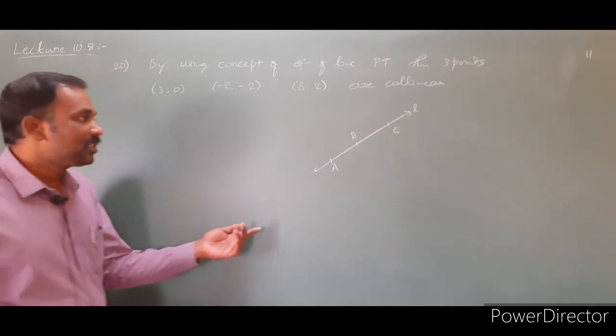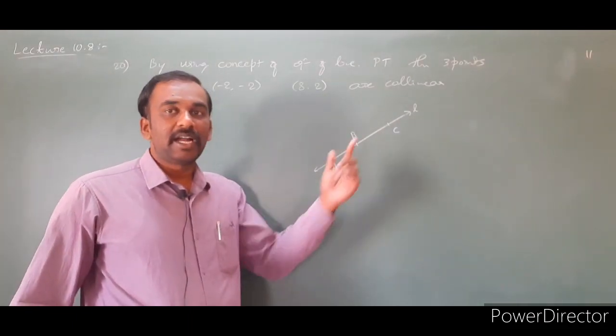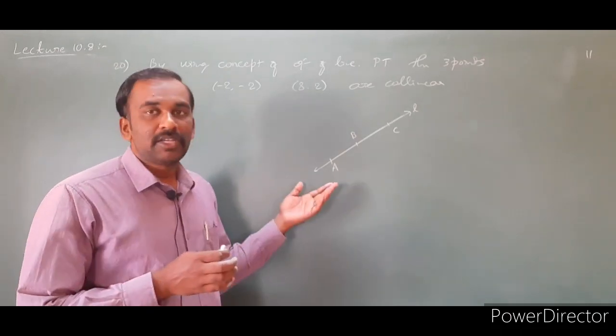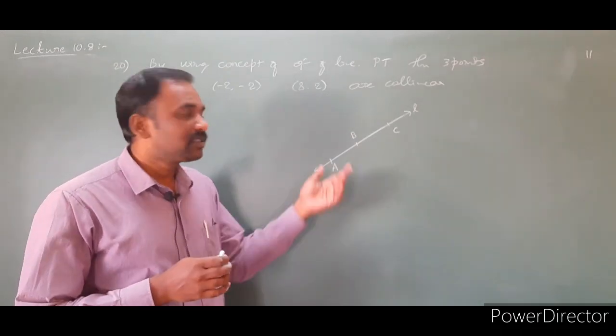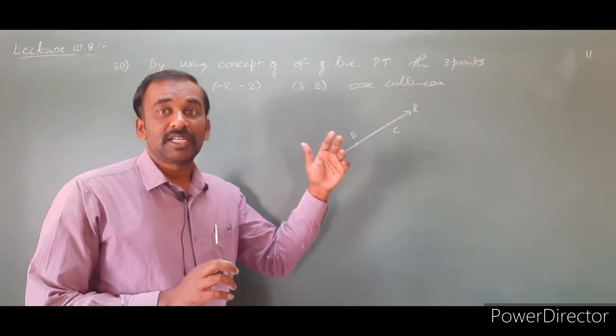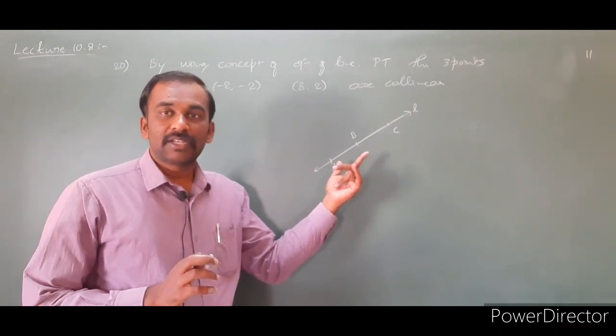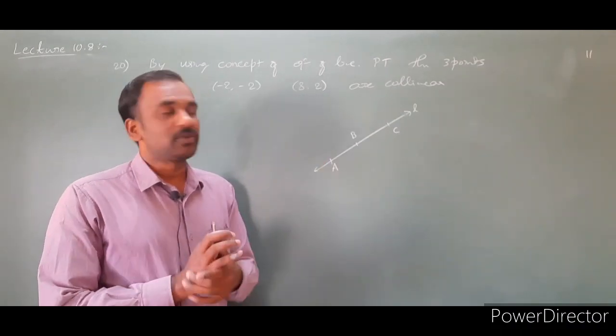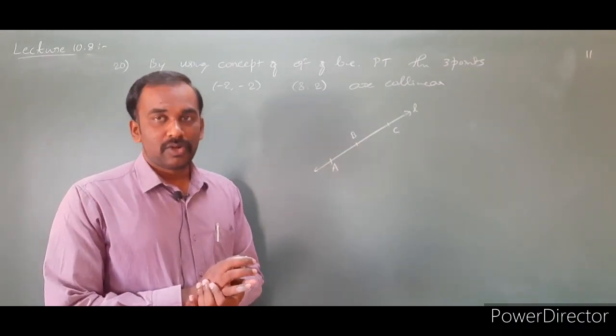What are the different conditions to say that these 3 points are collinear? By using the distance formula we can say that these 3 points are collinear. By using the section formula, or by using the area of the triangle, and by using the slope condition also we can prove that these 3 points are collinear.